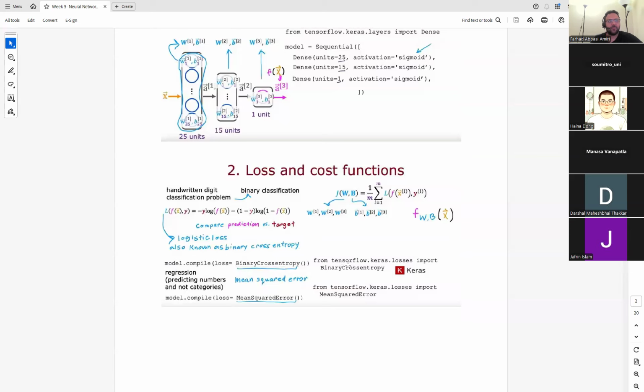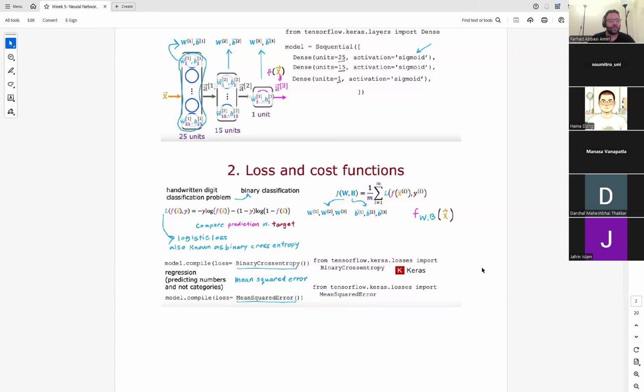And you see that from TensorFlow Keras losses, we imported BinaryCrossentropy. So the type of loss function that you choose for your model, for logistic regression or here for a neural network, depends on the application that you're working on.